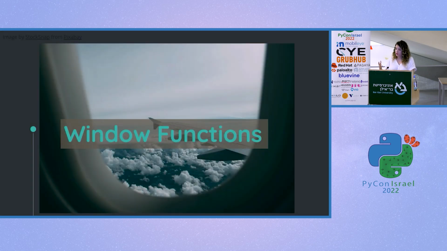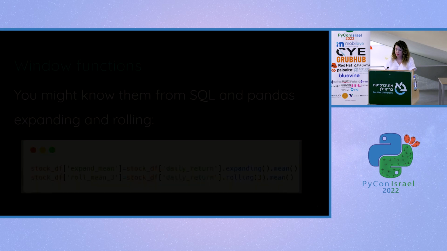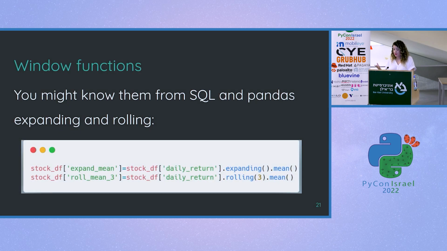In order to aggregate those events, we're going to use window functions. You might know them from SQL and from pandas as expanding and rolling. But since all of my data was from retail companies, and this is terabytes of data, I used PySpark.